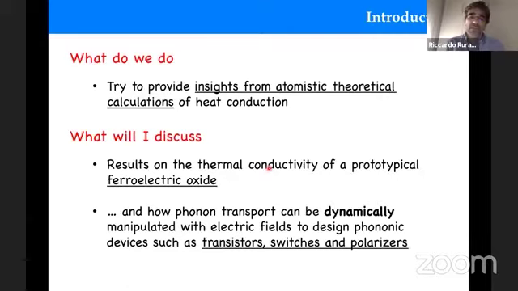And what I will discuss today is some of our recent results with the prototypical ferroelectric oxide, lead titanate. And I will show that phonon transport can indeed be dynamically manipulated with electric fields. And this, in the end, could lead to the design of phonon devices, such as phonon transistors, phonon switches, and phonon polarizers.